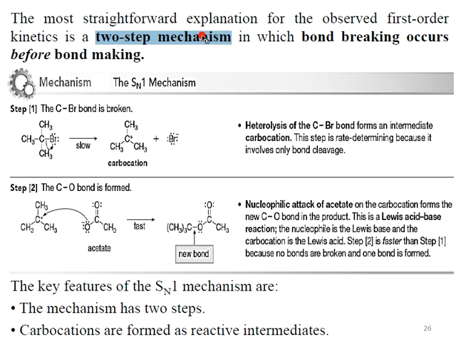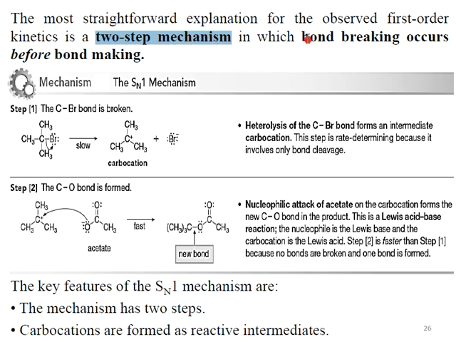For the SN2, I said the mechanism is just one step, with the transition state. Here in the SN1 mechanism, the mechanism will be two steps, not one step.